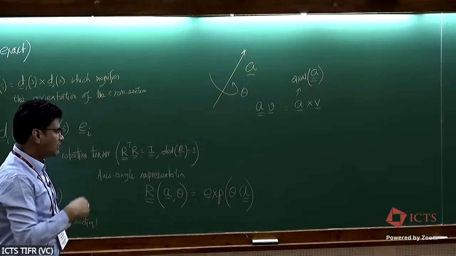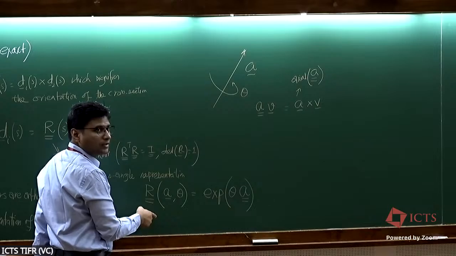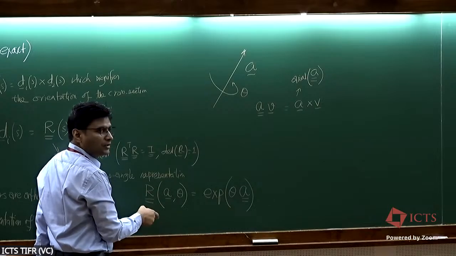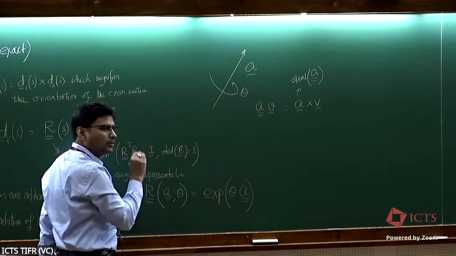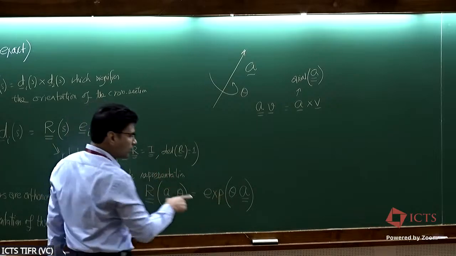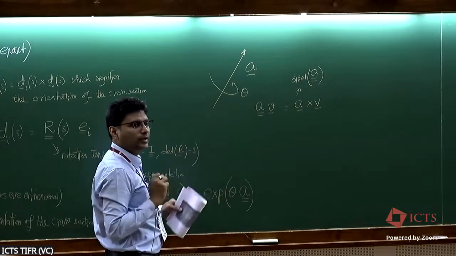Okay, so all that you have to do is once you have this axis, the unit vector having A1, A2, A3, you then form your skew symmetric tensor from those 3 numbers. Because it's a skew symmetric tensor, if you write it in a matrix, you only have 3 independent numbers.